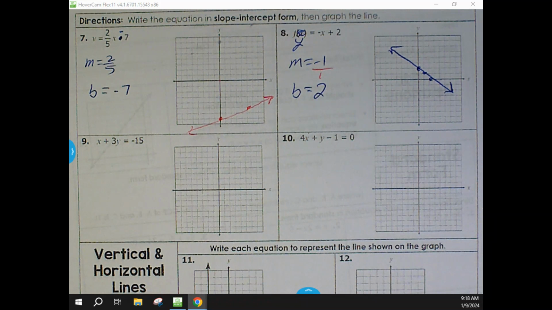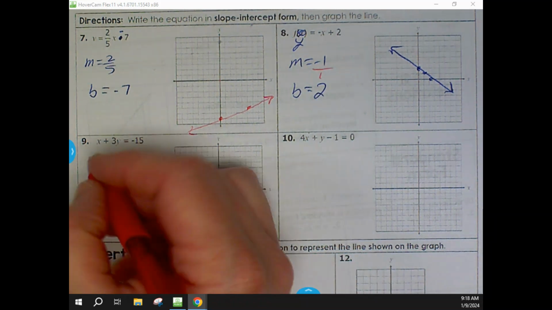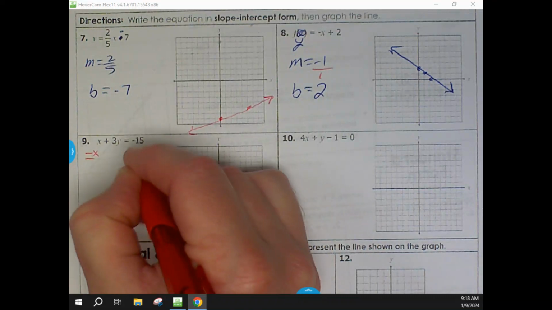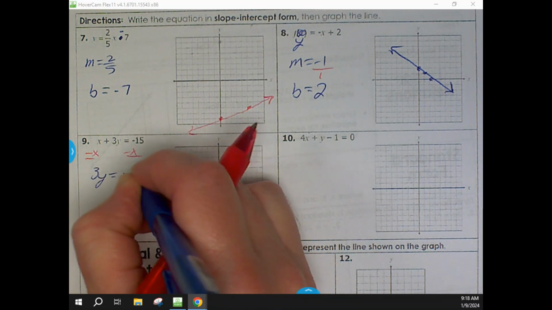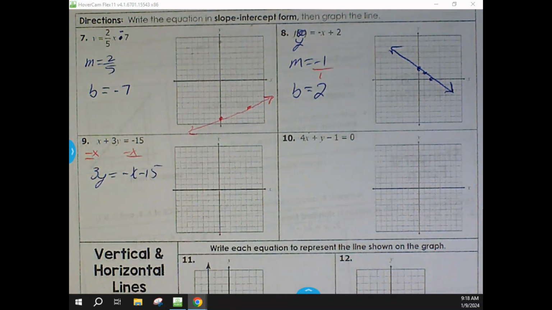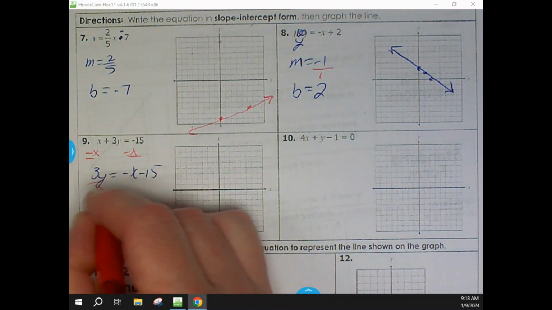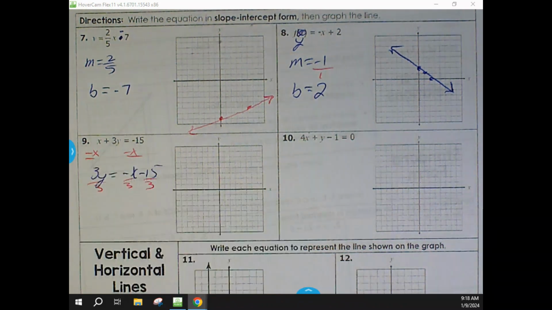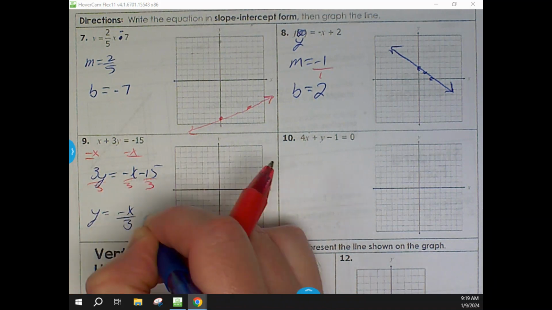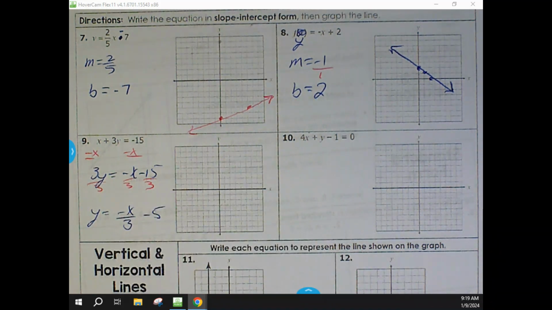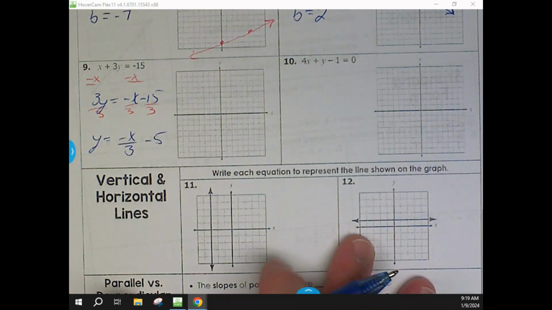So in this case, they want you to go back and rewrite it in y equals mx plus b form. So first thing is, let's get rid of the x. So we got 3y equals negative x minus 15, and then just divide everything by 3. Okay, so that gives us y equals negative x over 3 minus 5.